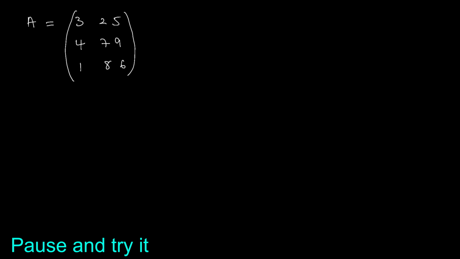If we have another matrix, A equals 3, 2, 5, 4, 7, 9, 1, 8, 6, and we are looking for the determinant of that matrix, we need to remind ourselves of A11, A12, A13, A21, A22, A23, A31, A32, A33. You don't need to do that all the time.